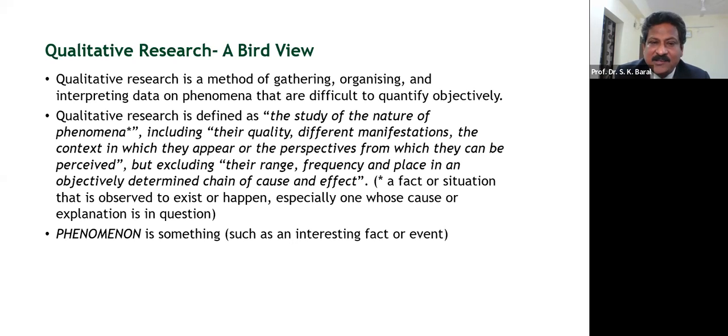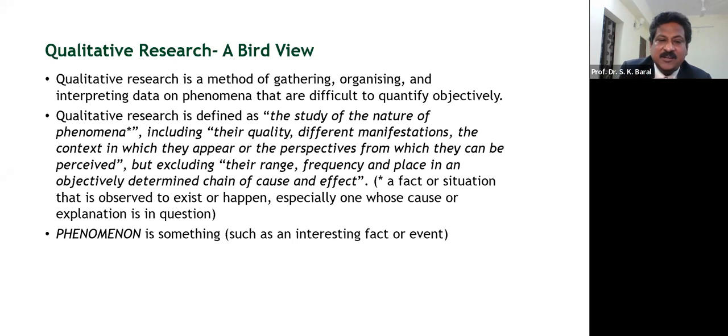So qualitative research is defined as a study of the nature of phenomena, including their quality, different manifestations, the context in which they appear, or perspectives from which they can be perceived, but excluding their range, frequency, and place in an objectively determined chain of cause and effect.